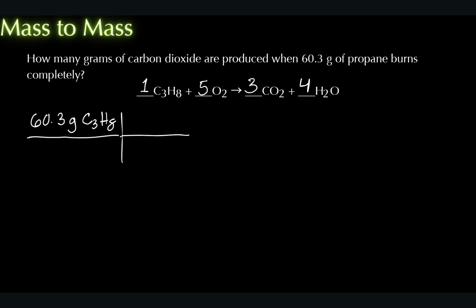We have our grams of the C3H8 on top. We know we're going to have our grams of our C3H8 on the diagonal. Now, remembering that the only number that will go with grams is going to be the molar mass, we are going to find the molar mass of our C3H8.